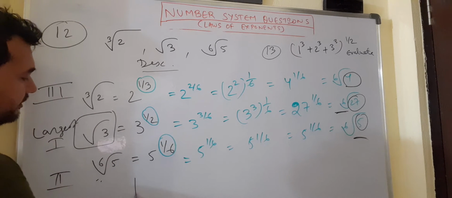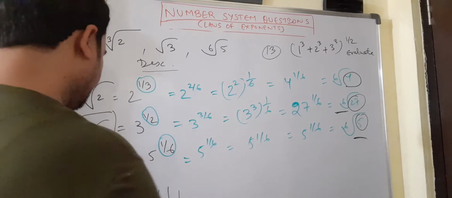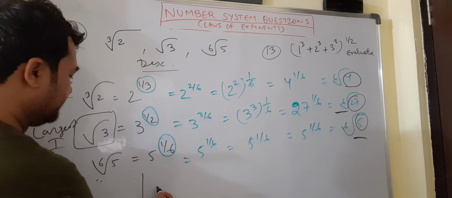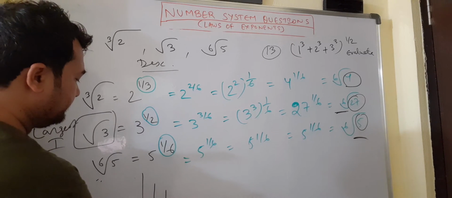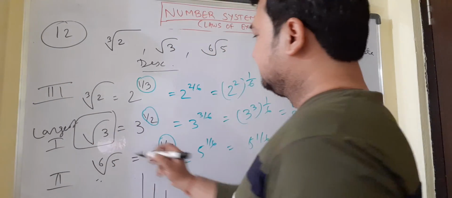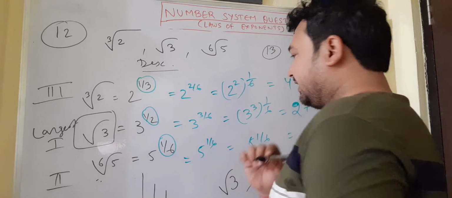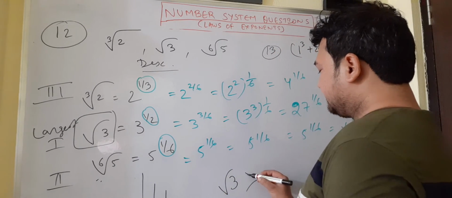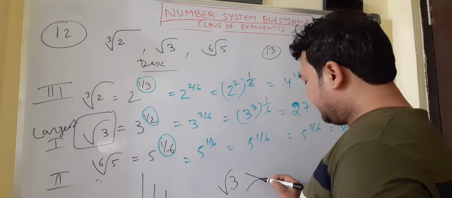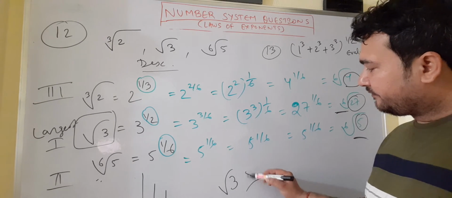So in decreasing, descending form, what do we do? The largest one is written first, then smaller than this, then the smallest. So the larger one is root 3. Then this number is what? Greater than. There are two parts: one is this arrow head and another is this broad portion.